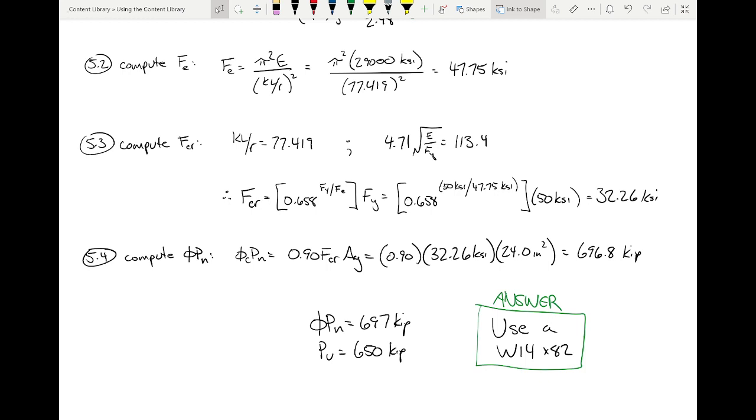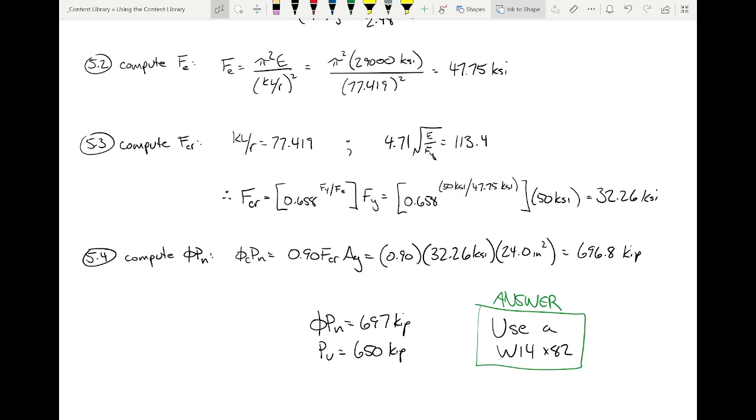So if you wanted to compare FY over FE, or if you wanted to compare KL over R versus that limit, you could do either one. There is a reason that I like to do the first one. Well, there's two reasons. One, the first one tethers more to the FCR plot in general, which was the original model that was developed. But two, and I'd have to check the bridge spec, I don't think the bridge spec uses that. They might, but I think at least under, maybe it was either AASHTO 5th or AASHTO 7th, they didn't use that.